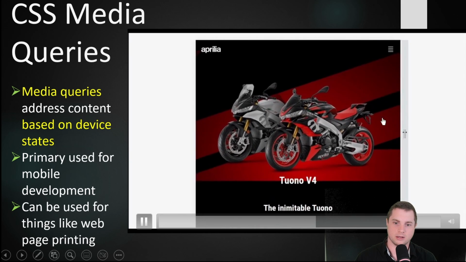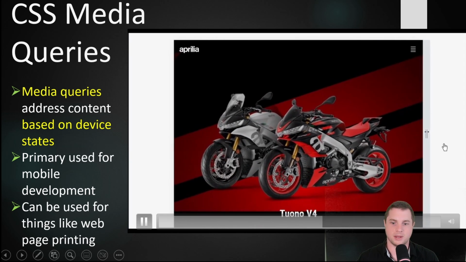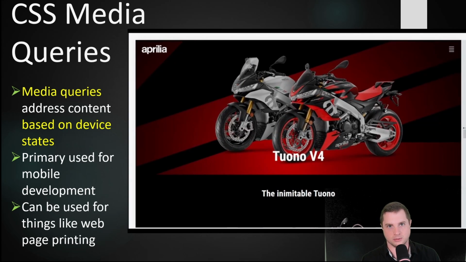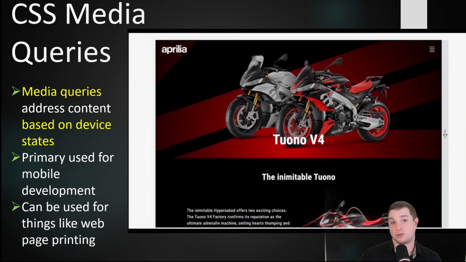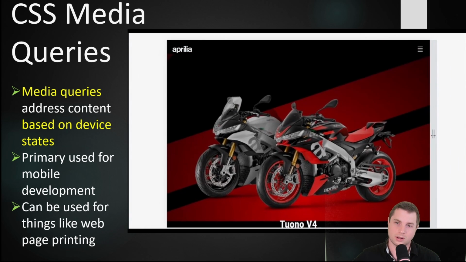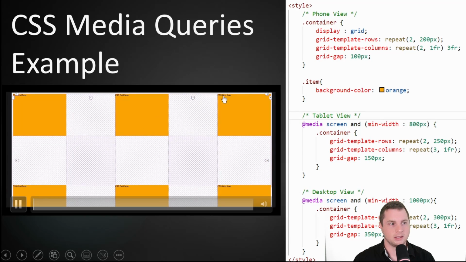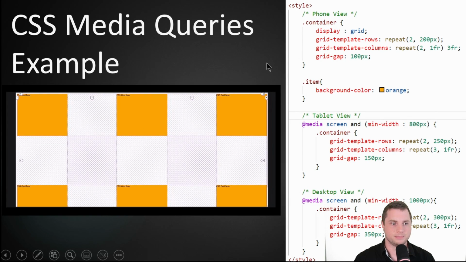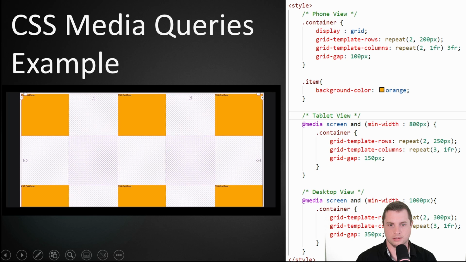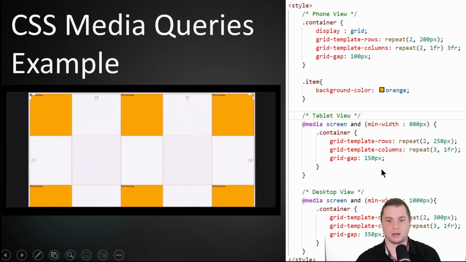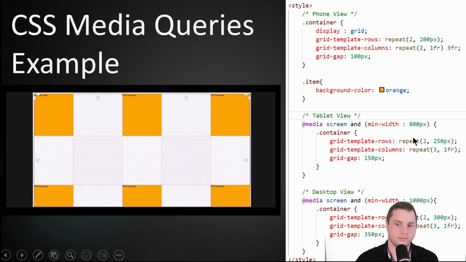Just like what this video is showing you, as we make this bigger and smaller, notice that this is every single pixel, but there are breakpoints where it actually changes. The more breakpoints you have, the more control you have, but it's also more work and more CPU cycles. So here's our little example from before, and we just added a couple of media queries, with a minimum width of 800 pixels.